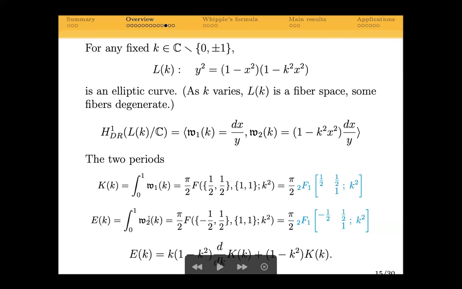The second period will be a very similar one with the same kind of transcendental degree, and the parameter here is -1/2. The second one turns out to be attainable from the first one by taking a derivative. So the second period can be attained more or less as a derivative of the first one plus a combination of the first one. They are related by the so-called Legendre relation.